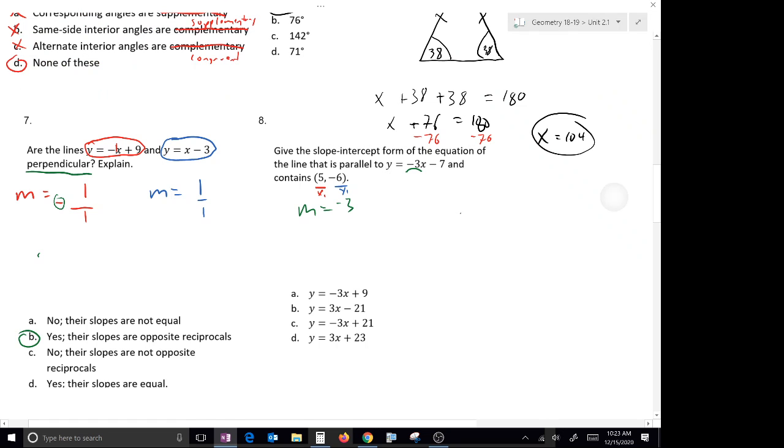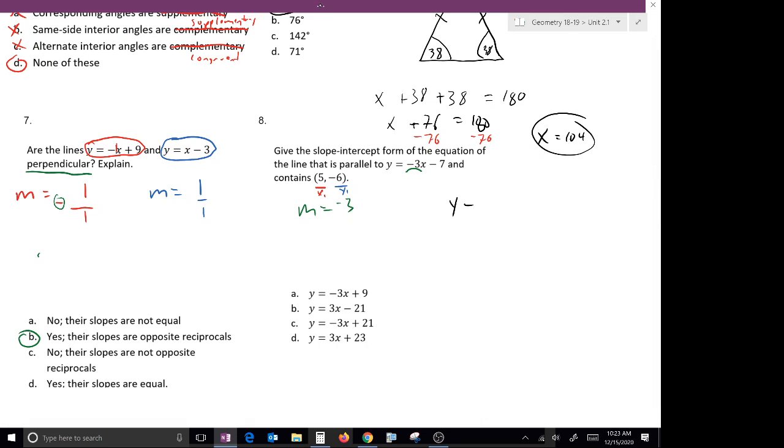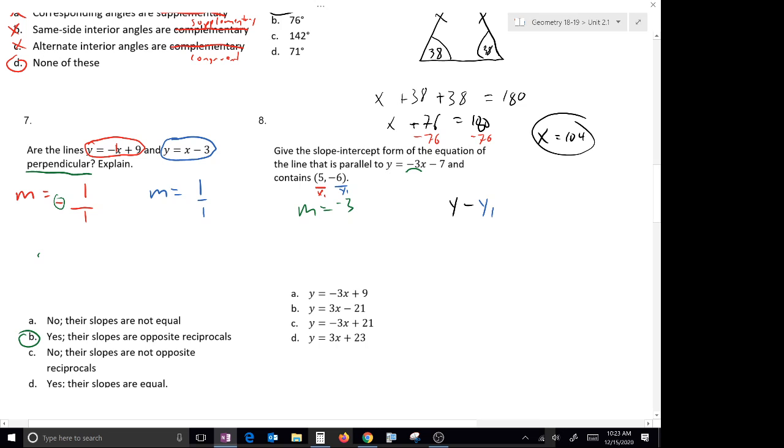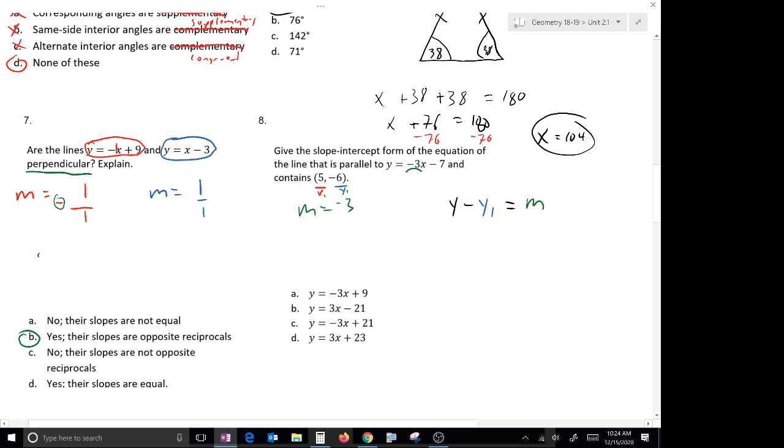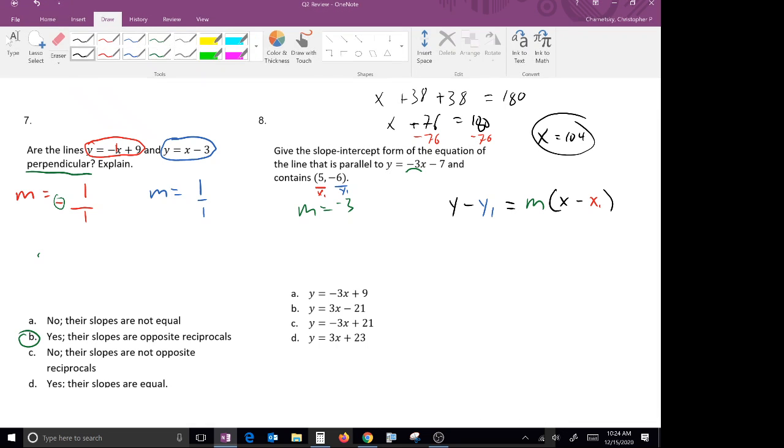We then use our equation, y minus y1 equals m, parentheses x minus x1. We're going to put this in point-slope form and then we'll convert it later. All right. Well, we know what y1, m, and x1 are, so we're just going to plug those in.